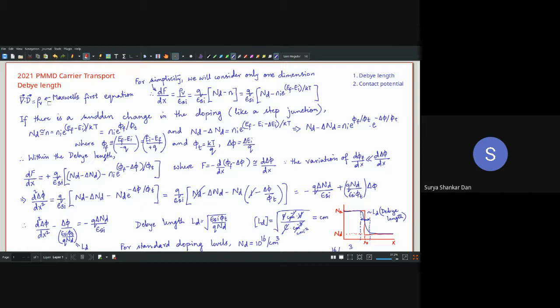In semiconductors, like in devices, we are speaking about doping levels and all that. So the materials are essentially charged. If there is a charge inherently inside the device, you are always going to have a value of rho v which is not equal to 0. So just keep that in mind. This is the first Maxwell's equation, or simply the Poisson equation.